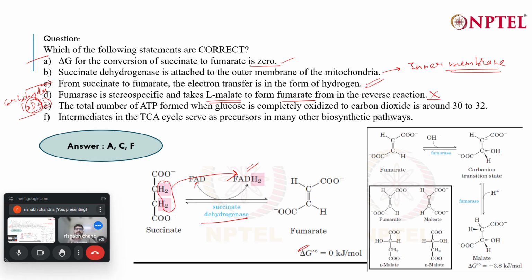Then the total number of ATP formed when glucose is completely oxidized to carbon dioxide is around 30 to 32. So this is also false. Okay, so what is actually the number of ATP molecules that are formed from one glucose molecule after the complete oxidation of glucose?